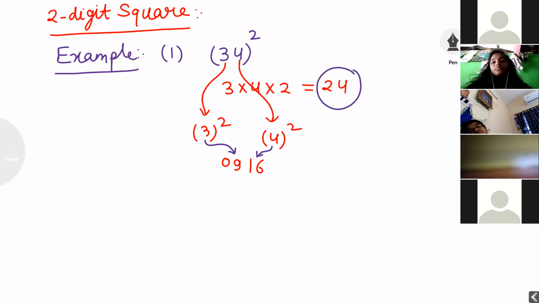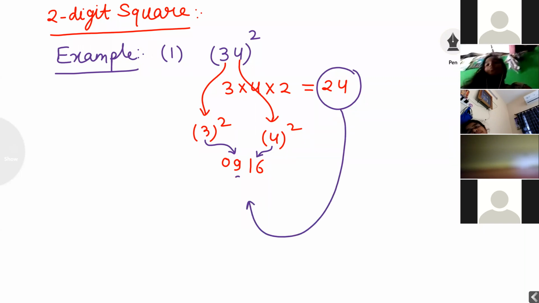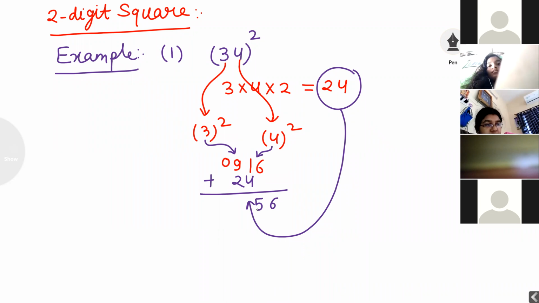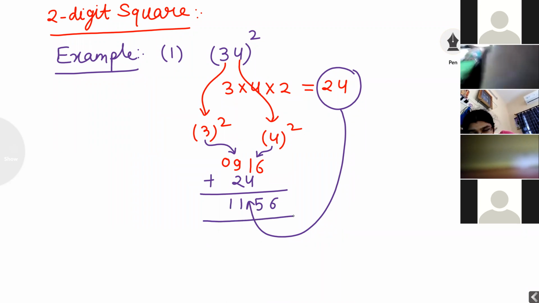Now this 24 I want to write here, but I will leave the ones place. Always I will leave the ones place. Now I add: 6; 4 plus 1, 5; 9 plus 2, 11, carry 1, 1. The answer has come 1156.